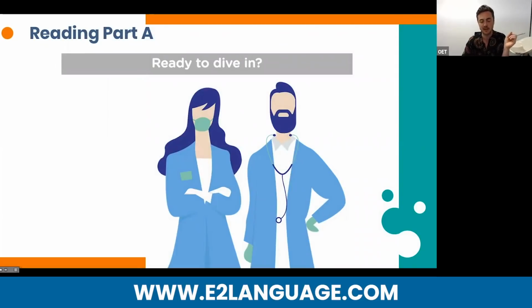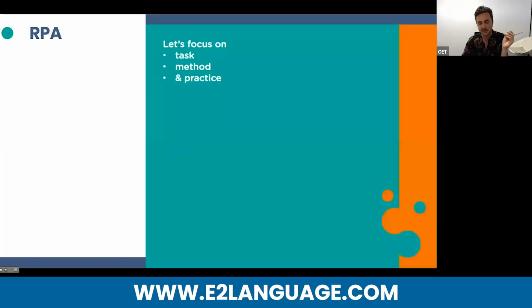Let's talk about reading part A. Reading part A is a bit of an unusual reading test. It's not your average multiple choice type of reading test. It is quite peculiar to OET. It was designed to simulate the type of reading that you actually do in a hospital or in a clinical setting.